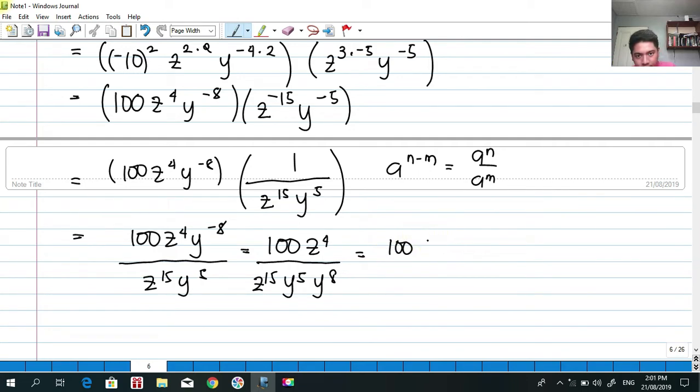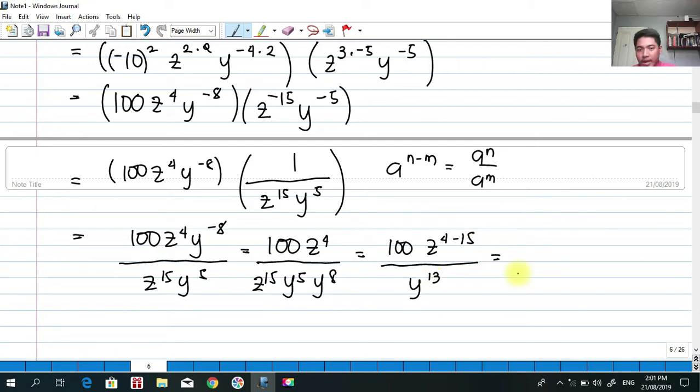So what will happen here is 100 z 4 minus 15. So that's the z. And we have here y raised to 5, y raised to 8, same base, which is y. And we have the exponent, so we can add them. Y raised to 8 plus 5 is 13.